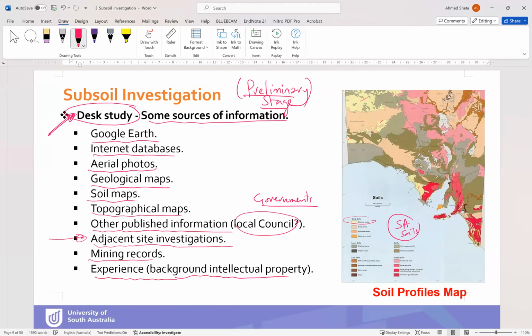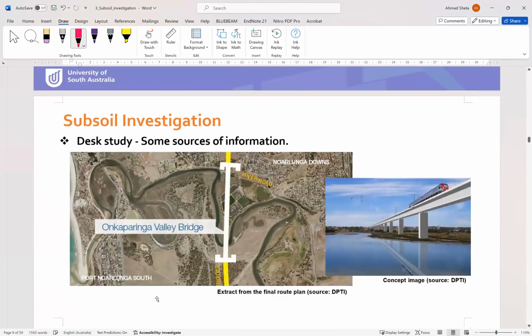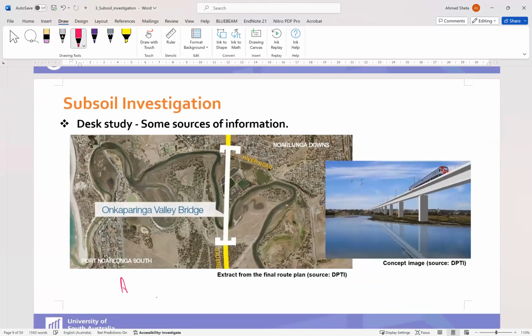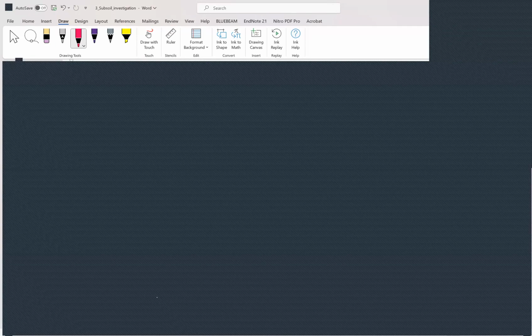Okay, and here we have an example of aerial photos for one of the sites. The aerial photos from the top show the nature of the soil in this area. For example, this is a bridge project, and here is the location of the bridge from this area to this area.